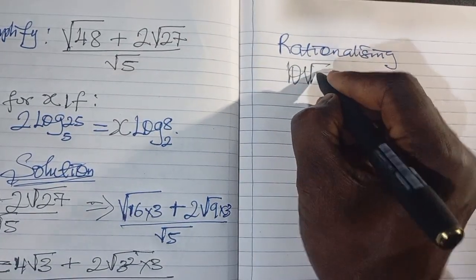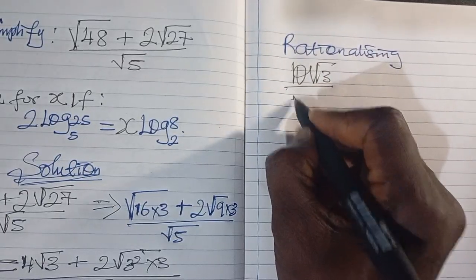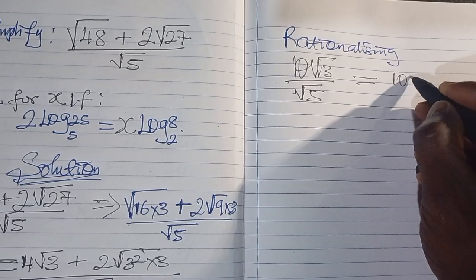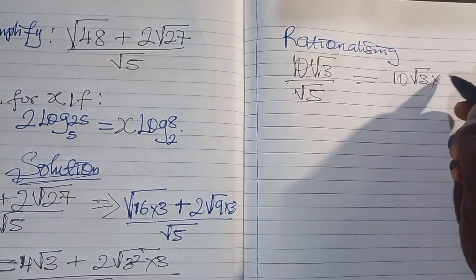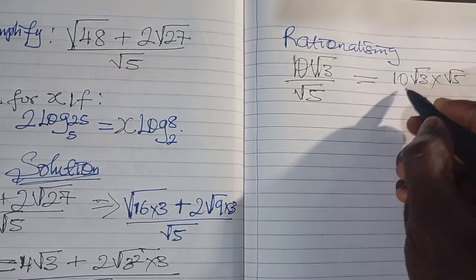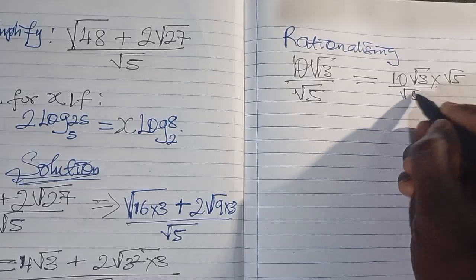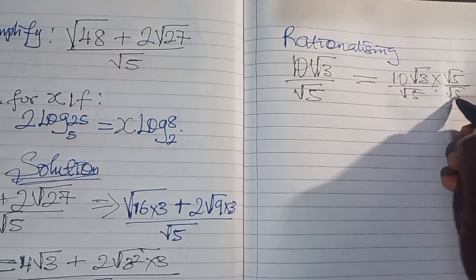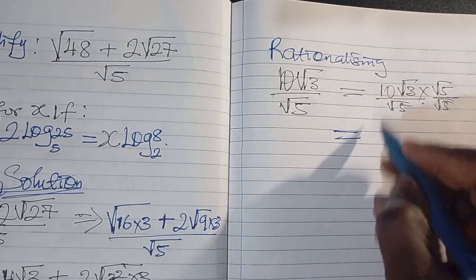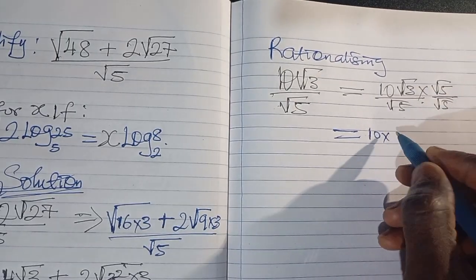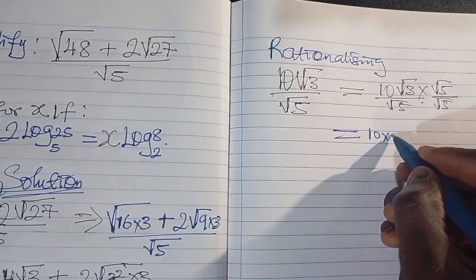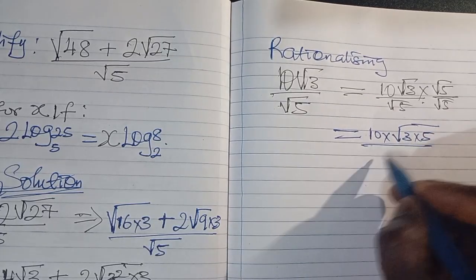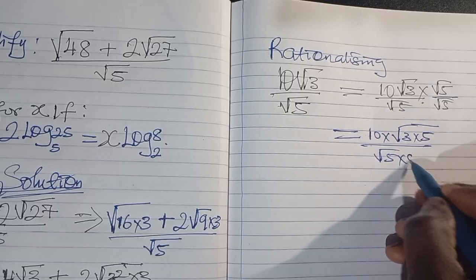Okay, so I will have, rationalizing, 10 root 3 divided by root 5. I will have here 10 root 3 multiplied by root 5, divided by root 5 times root 5. So I can now have 10 multiplied by root 3 times 5, divided by root 5 times root 5.